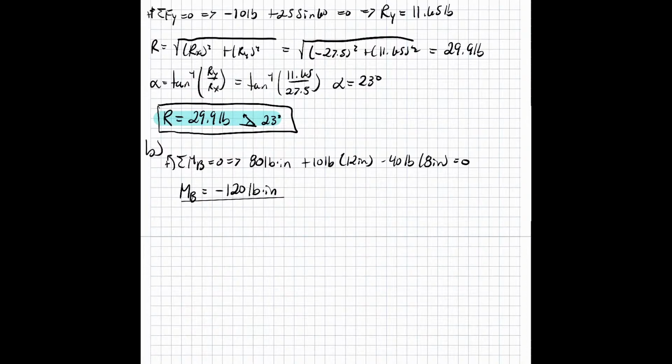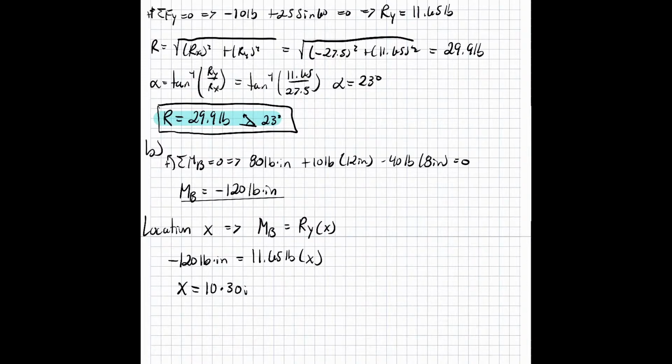So now we can find the location in the X direction. We take our moment about B equal to our resultant Y times that X direction. So we get negative 120 pound-inches is equal to the 11.65 pounds times its X direction in inches. We get an X value, which in this case is going to be negative, of 10.30 inches.